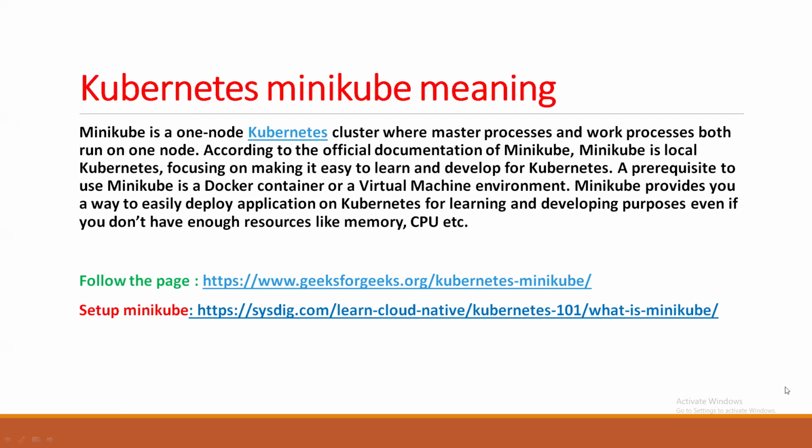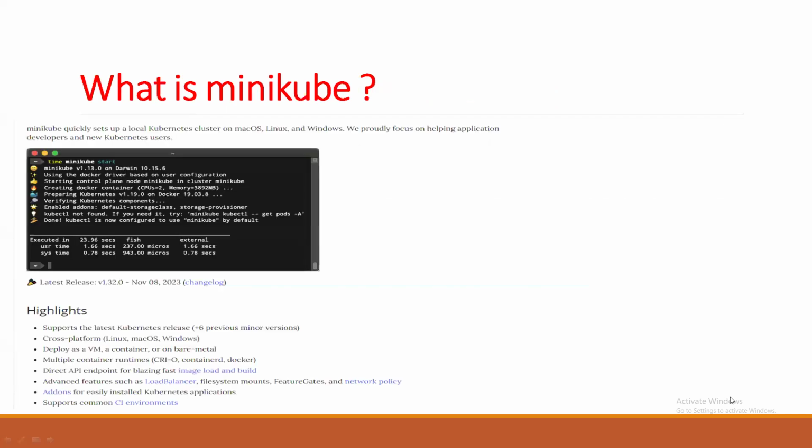Now, how can you set up Minikube? These are the documents, guys. So what is Minikube? Minikube quickly sets up a local Kubernetes cluster on macOS, Linux or Windows. We proudly focus on helping application developers and new Kubernetes users.